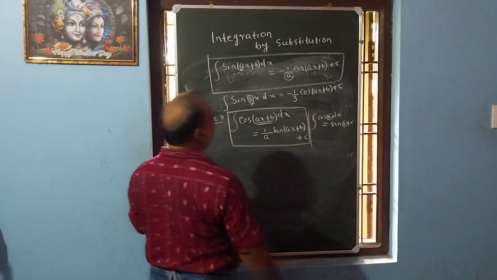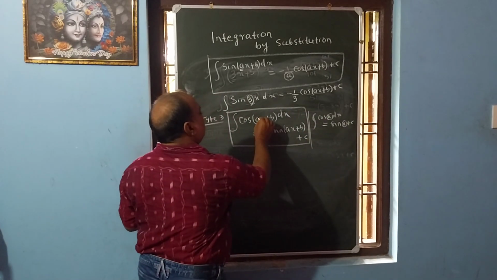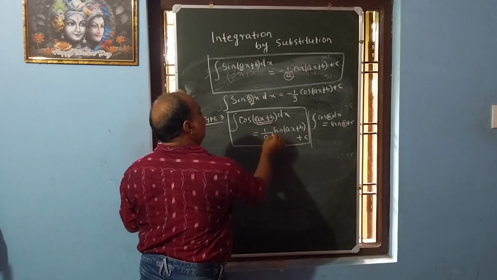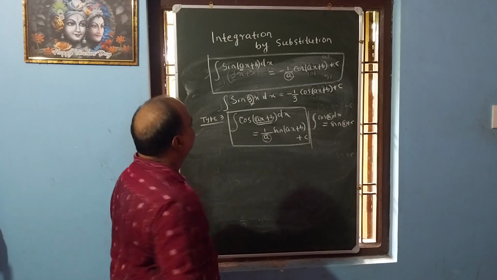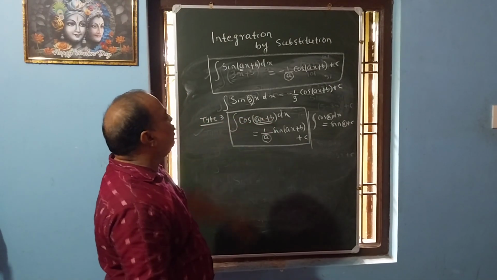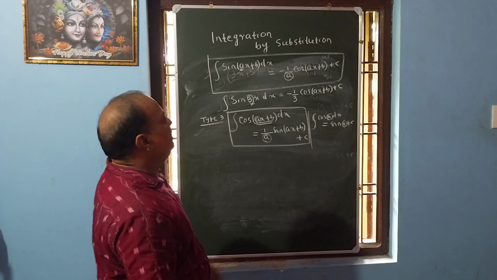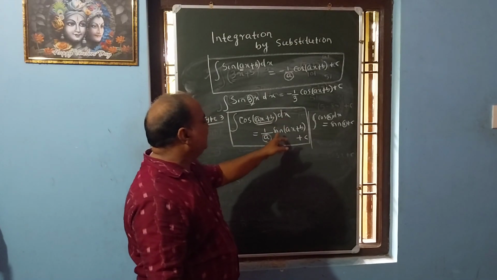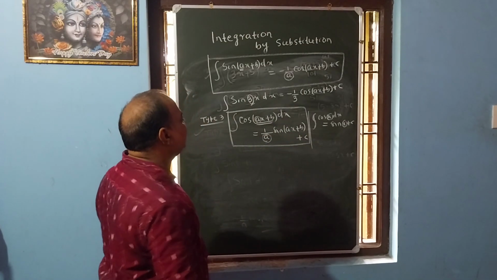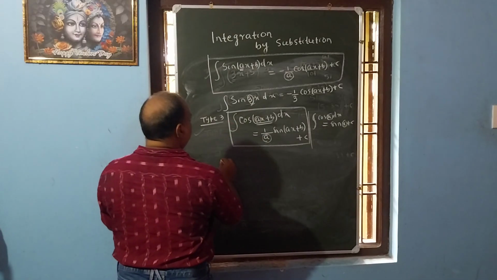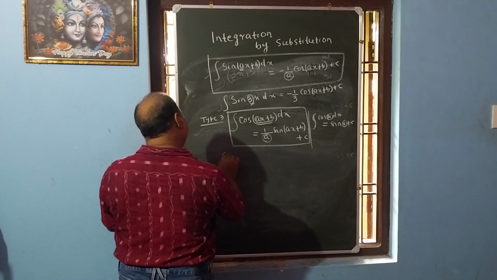In a similar manner we have to put this. The coefficient of x is a here, that will be divided here. So remember, integration of cos(ax + b) dx is equal to 1 by a sin(ax + b) plus c. Using this formula, we have to find some example.